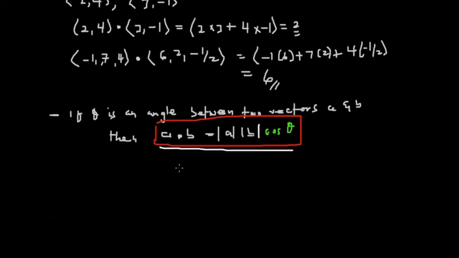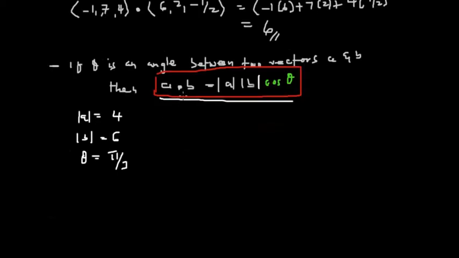Let's say you've been given a certain example, where the length of vector A is 4, and the length of vector B is 6, and you've been given the angle to be pi on 3, and you are told to find the dot product.